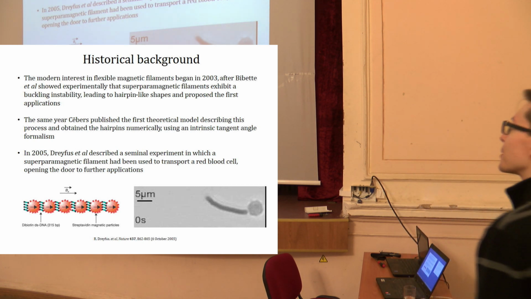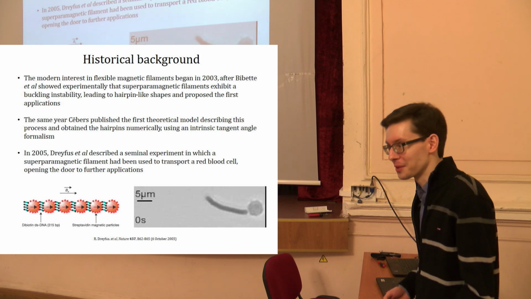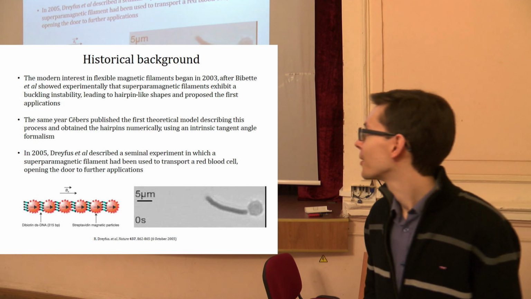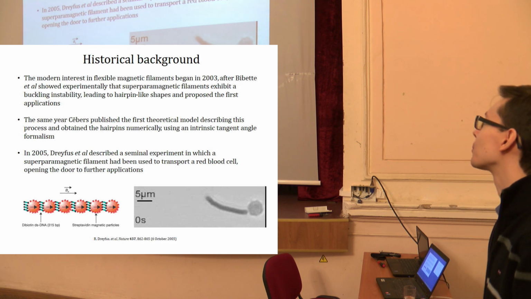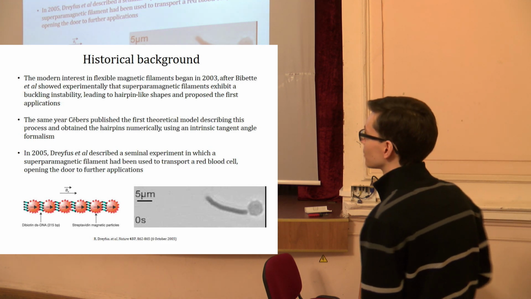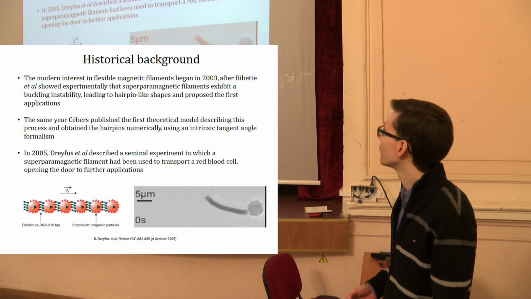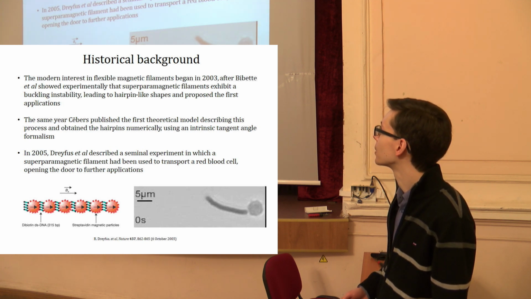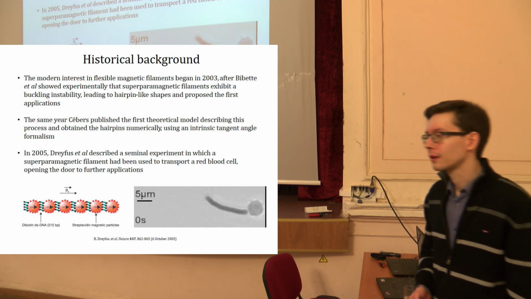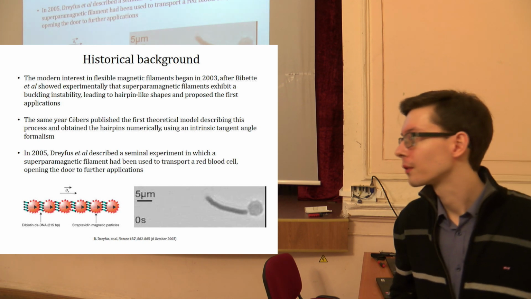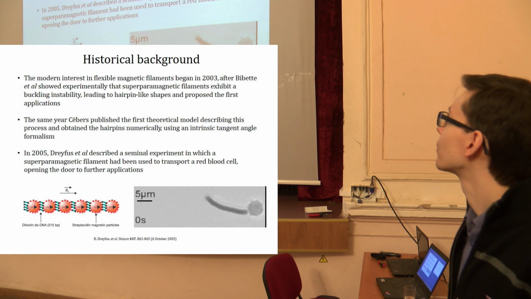The same year, this was described by Professor Cēbers in, in my view, a very important publication which described the first mathematical model that could predict the evolution of these shapes numerically. This was done in the so-called tangent-angle formalism, which was intrinsic. I'll describe what that means shortly.